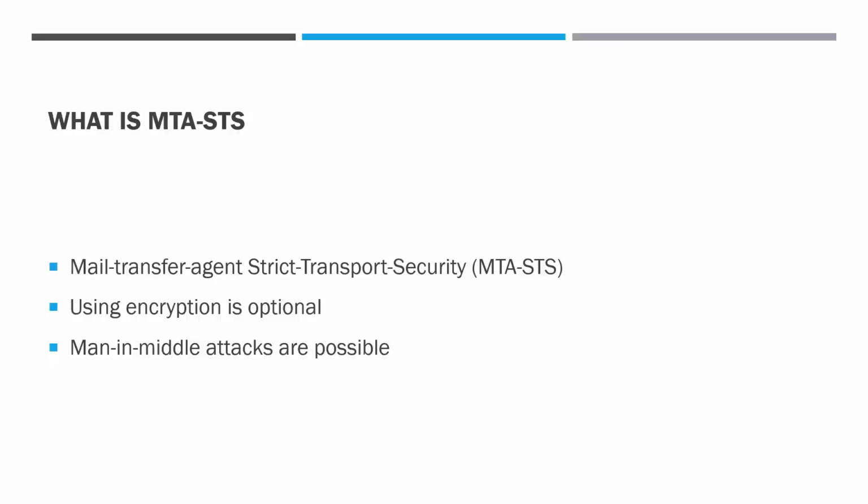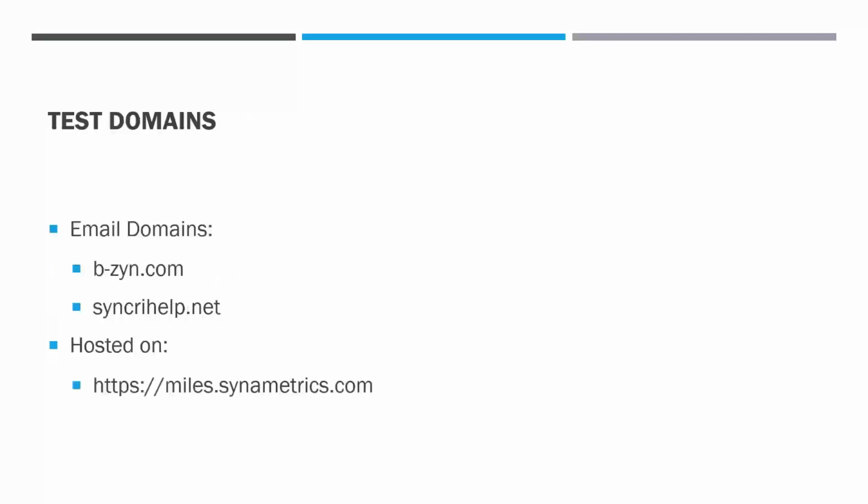How is that possible? All right, so for the demo, I'm going to be using two domain names, bzine.com and syncrehelp.net. Both of these domains are real domains. They are registered and they get emails.